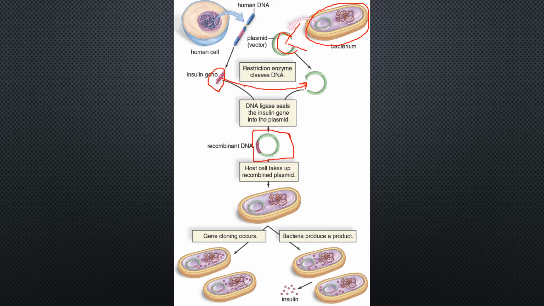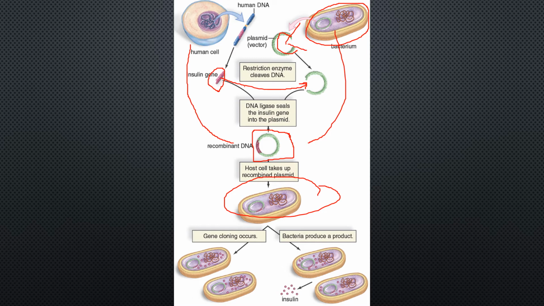Recombinant DNA means that it has a portion of the host DNA and the desired DNA fragment that we are looking to reproduce. And then our host cell, our bacterium, takes it up, and we allow that to grow over time. And then that bacteria, as it continues to replicate, is going to also replicate the recombinant DNA.